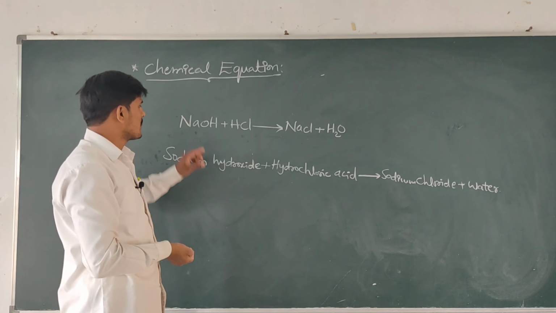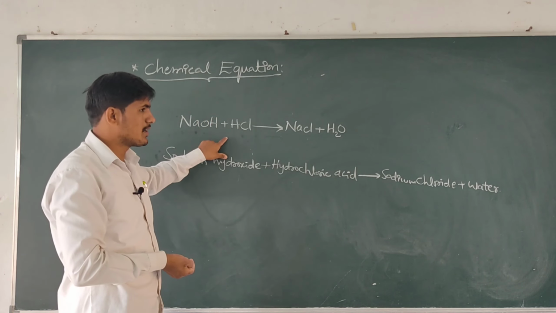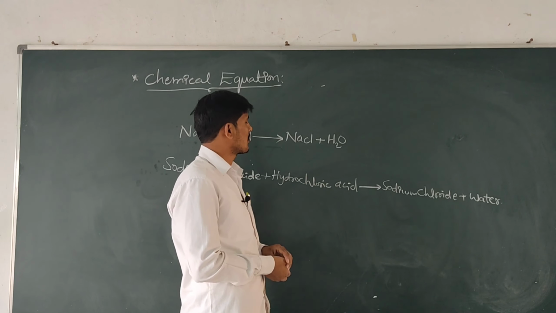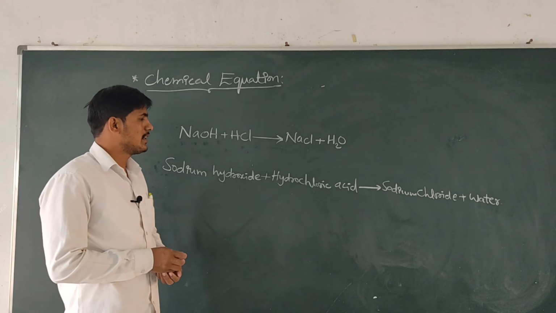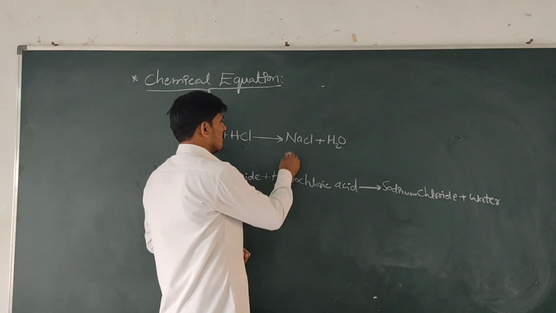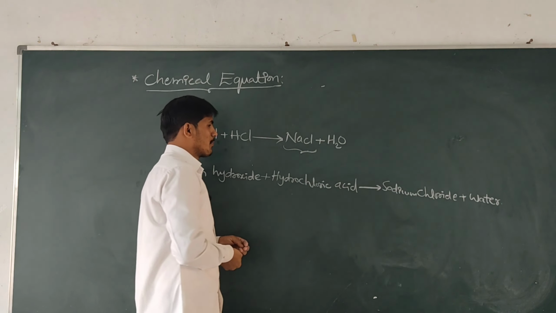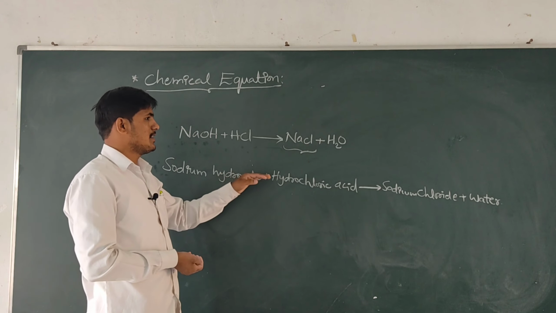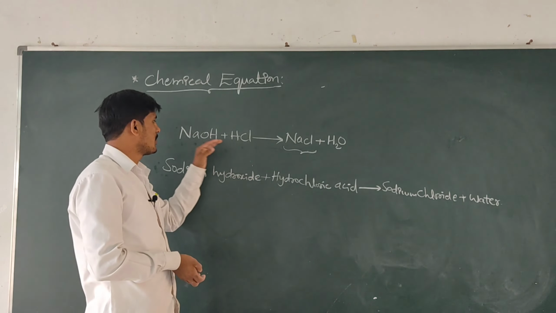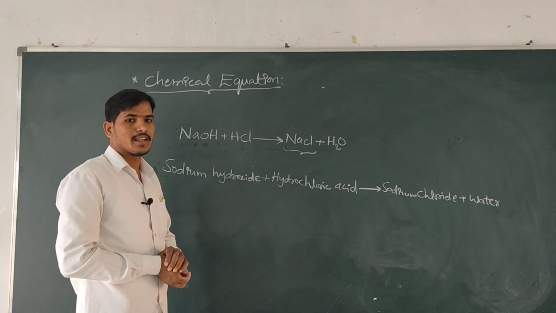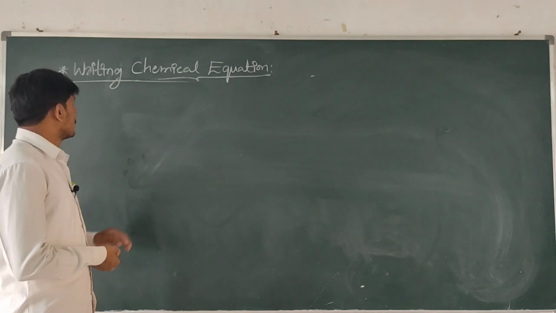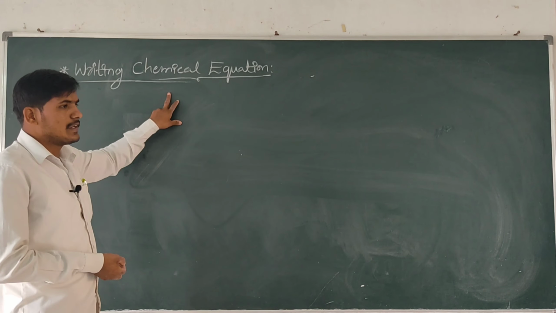The newly formed substances are called products, which have different properties and colors when compared to the substances which underwent the chemical reaction. Next, writing a chemical equation.